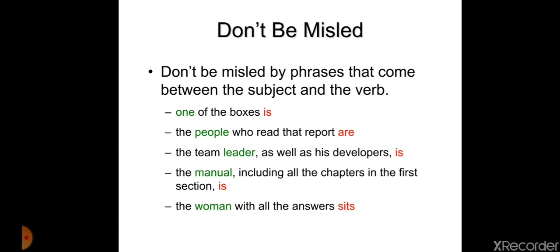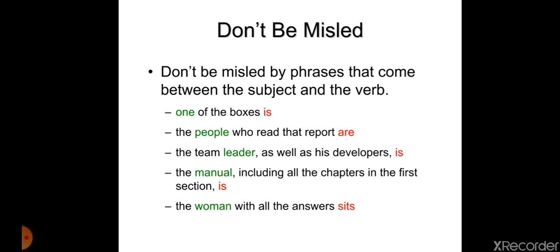For example, the team leader, as well as his developers. Here, as well as his developers is an additional phrase, information we give to the real subject. So we should find out the correct subject word and its number. Here, the team leader is the real subject, which is in singular form.